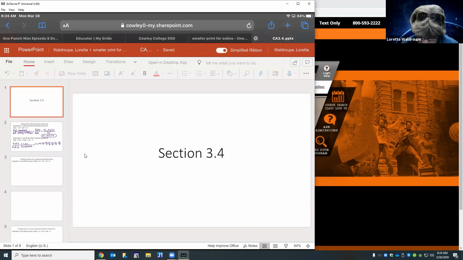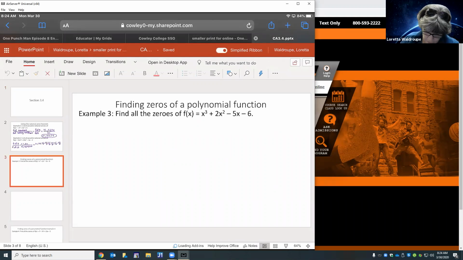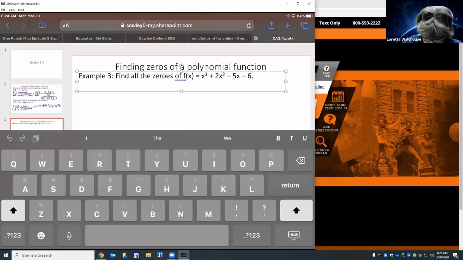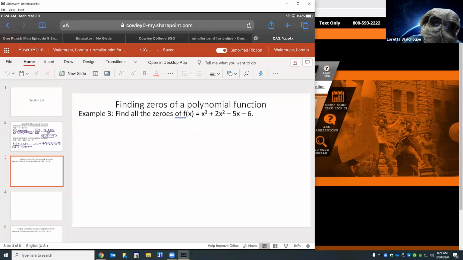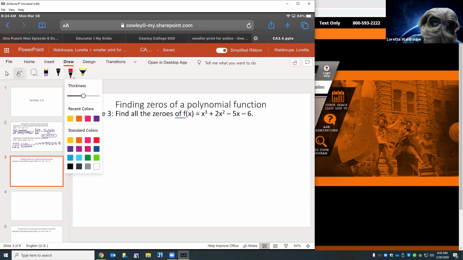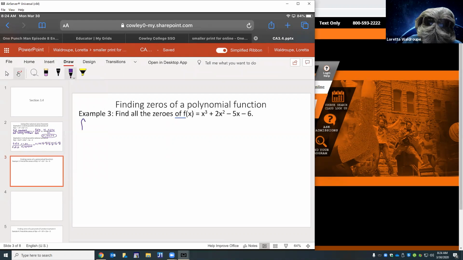Questions? Okay, so find all the zeros of this polynomial. All the factors of 6 over all the factors of 1.